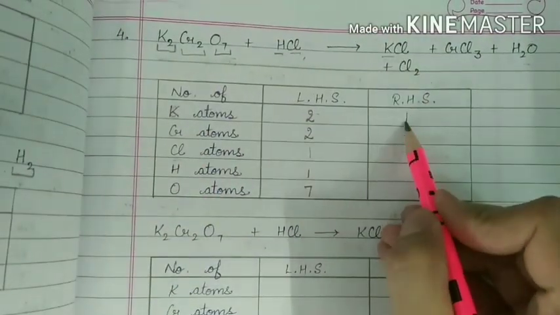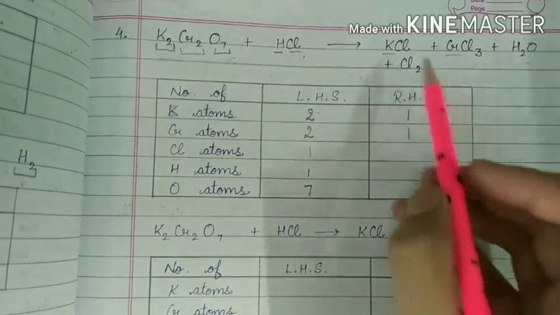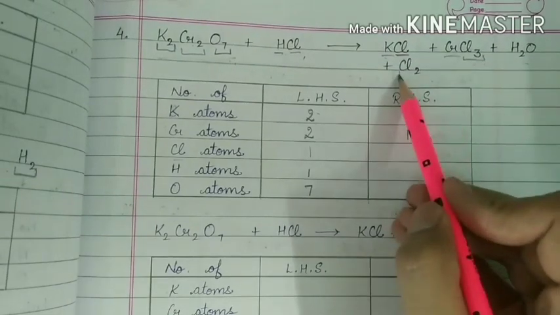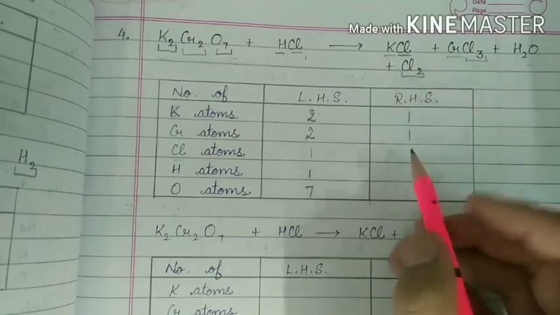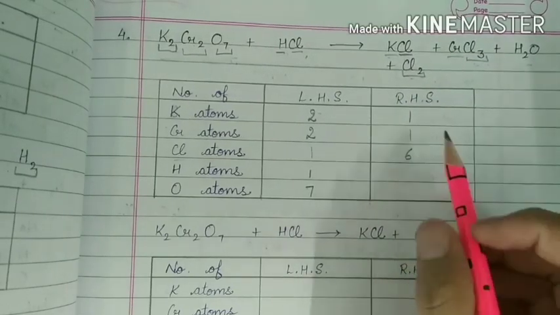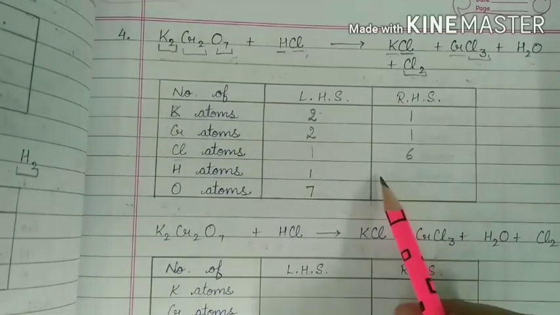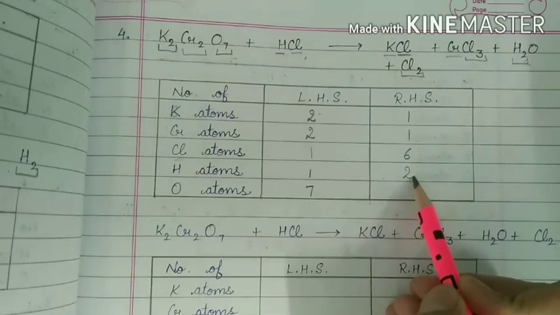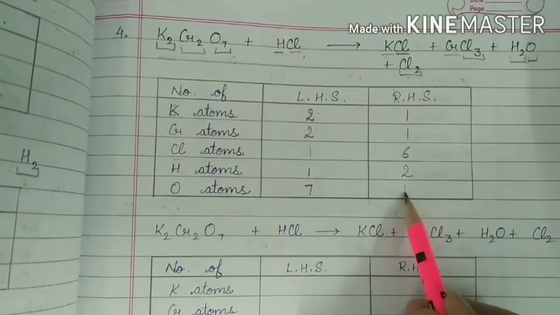It is 1. And chromium 1. Then chlorine, here 1 chlorine, 3 and 2. 1 plus 3 plus 2 is equal to 6. So on the right-hand side we have a total of 6 chlorine atoms. And then hydrogen, we have 2 atoms. And oxygen we have 1 atom only.